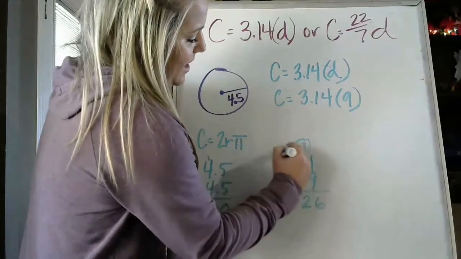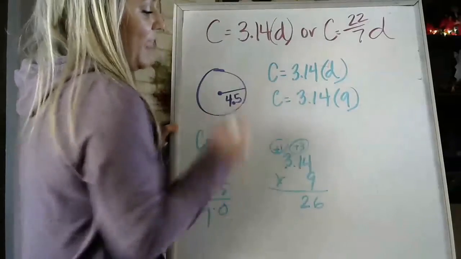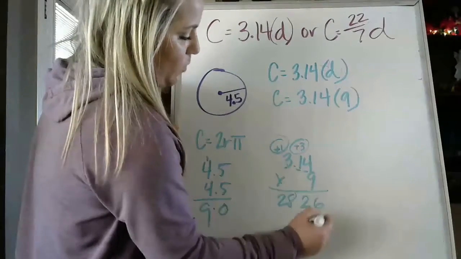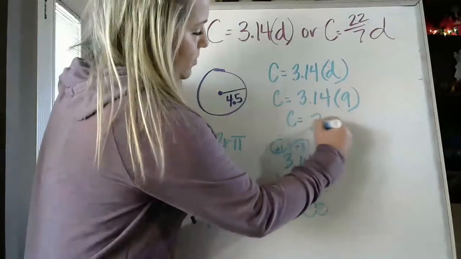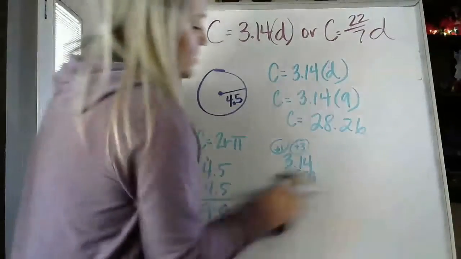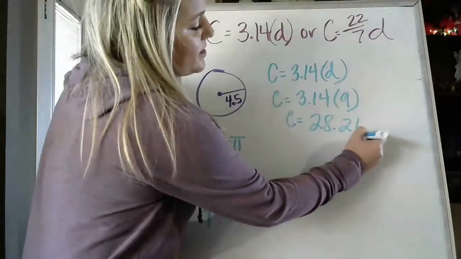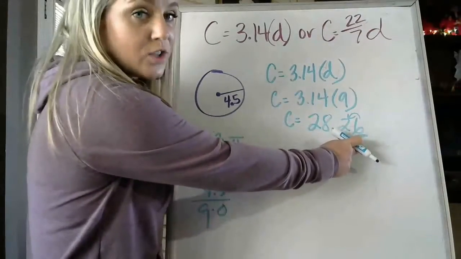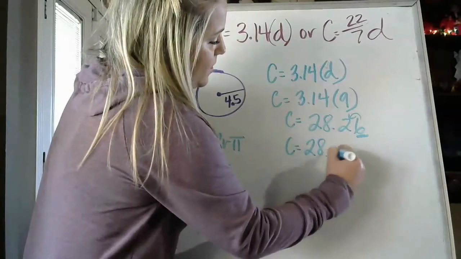The 2 can stay, but the 1 has to go. And 3 times 9 is 27, and 27 plus 1 is 28. And we've got 2 decimal places. So circumference is equal to 28.26, but it says round to the nearest tenth. And that 6 right here in my hundredths place is 5 or more. So we're going to let this score. So 28.3.